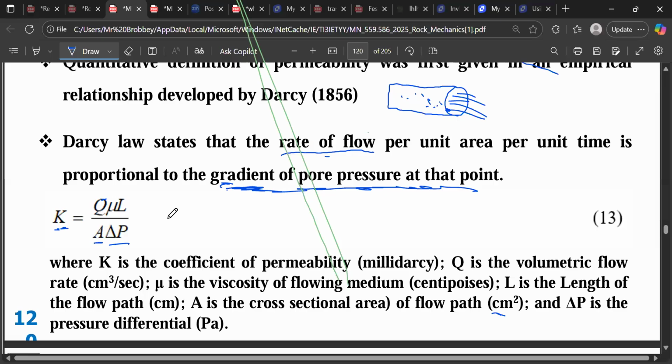I don't know if this is the exact formula for Darcy's law, because I know Darcy's law as the volumetric flow rate, Q, equal to the negative of K, which is the hydraulic conductivity, multiplied by the remaining values.